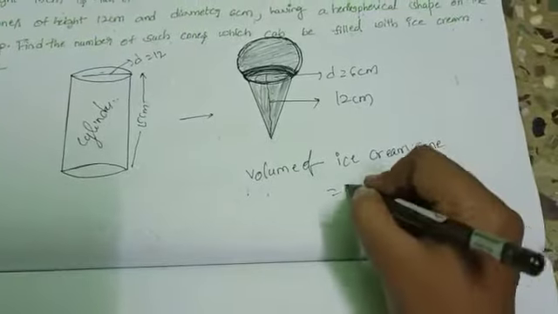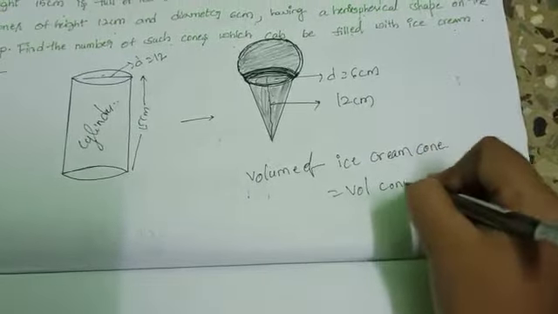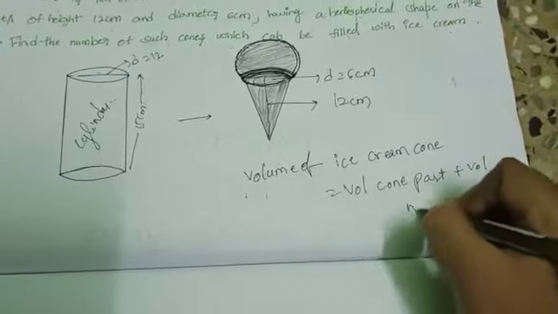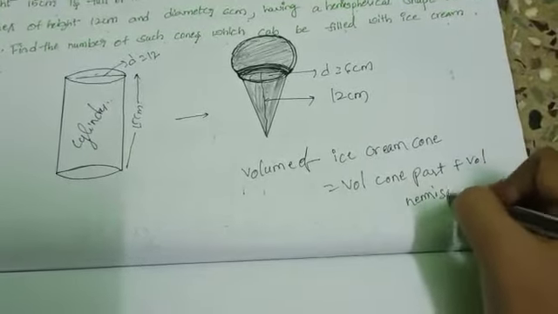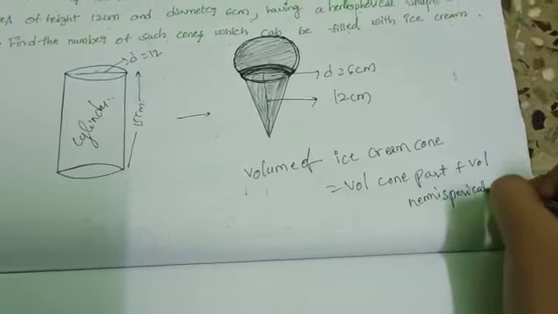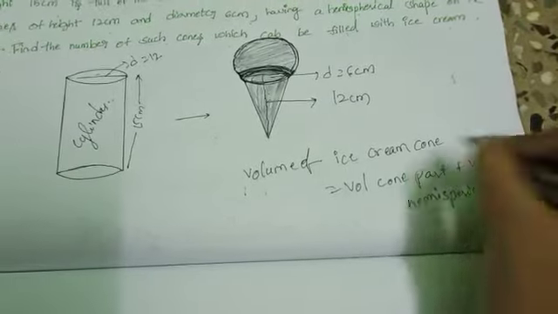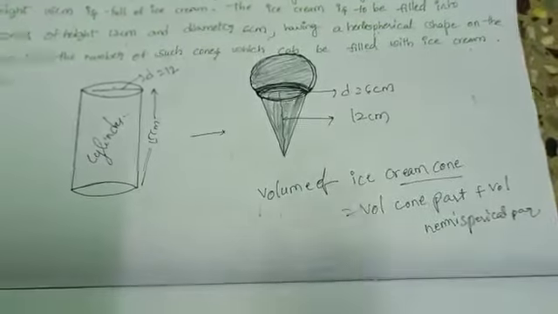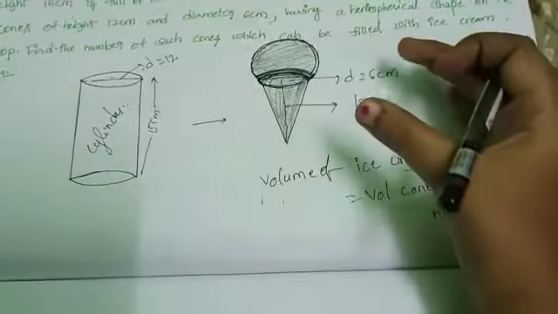So the volume of the cone part plus the volume of the hemispherical part is the volume of the ice cream cone. Here we have to find the number of cones required to fill the total ice cream.